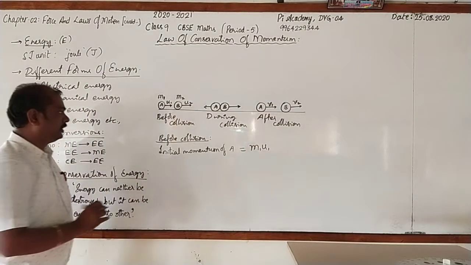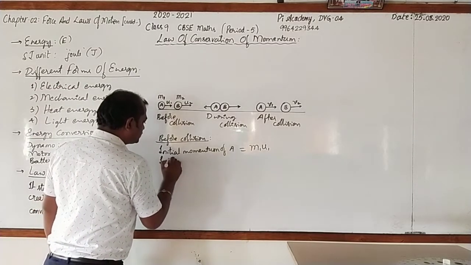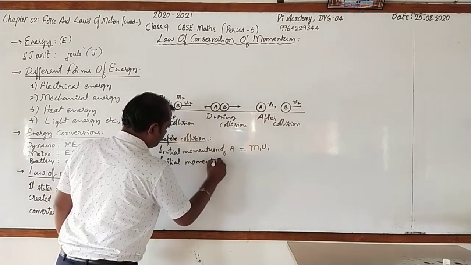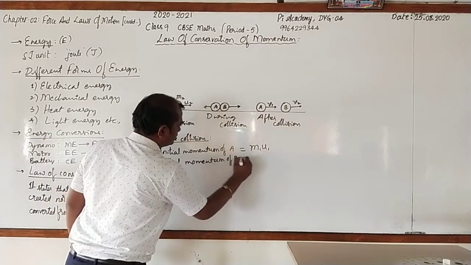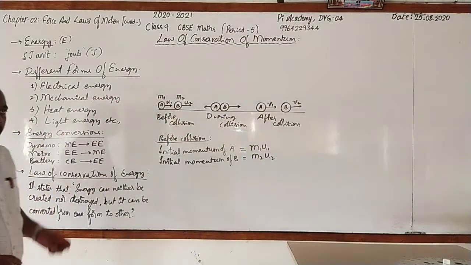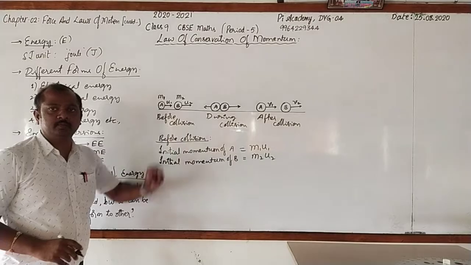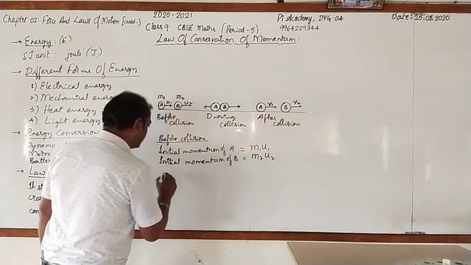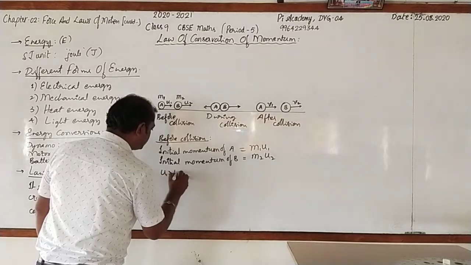Clear? Then what about the initial momentum of B? This is m2 u2. After some time they collide with each other because u1 is greater than u2. Here I'll write u1 is greater than u2.